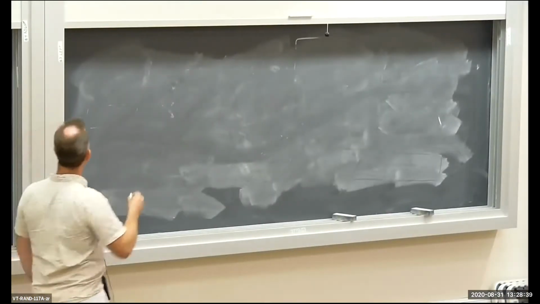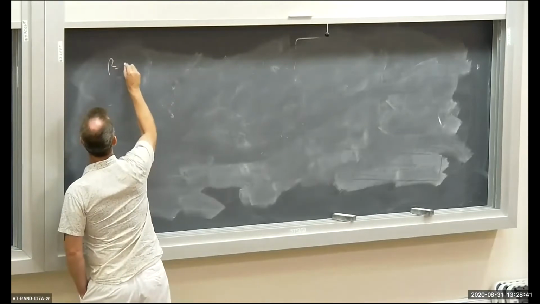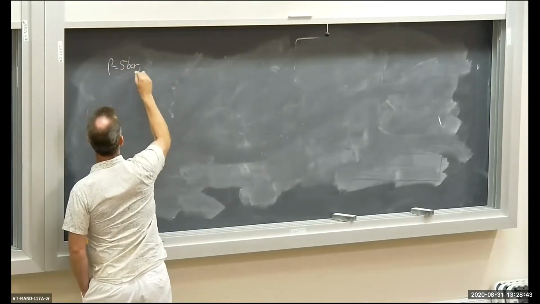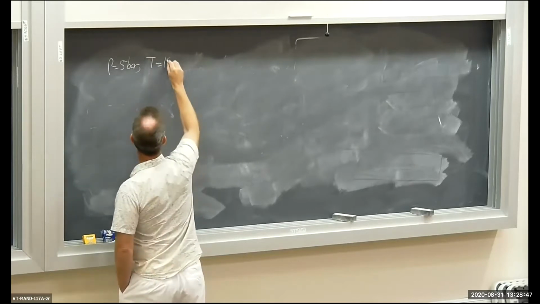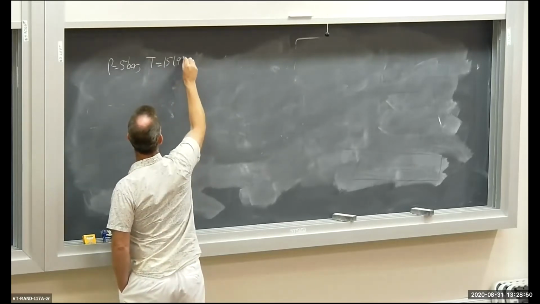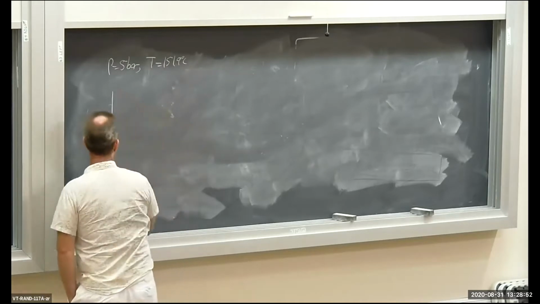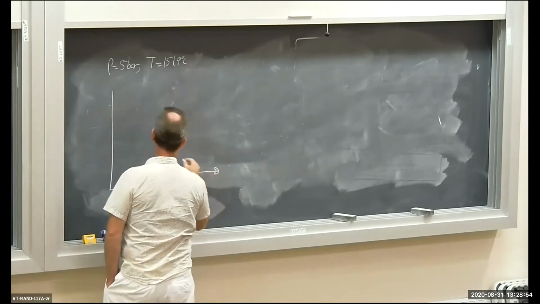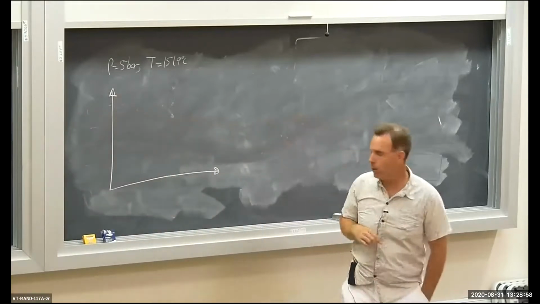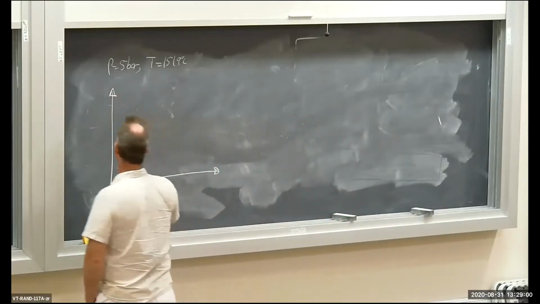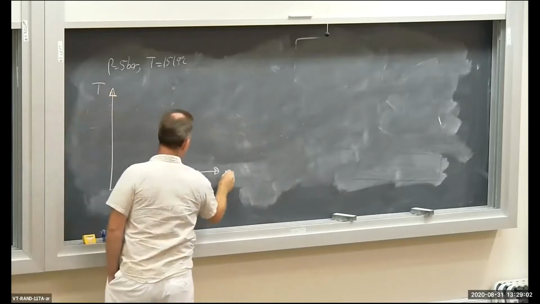So we have a pressure of 5 bar and a temperature of 151.9 degrees C. I'm going to first try to find out what the state is using the T-v diagram, and then we'll do the P-v diagram afterwards. So here's T-v.